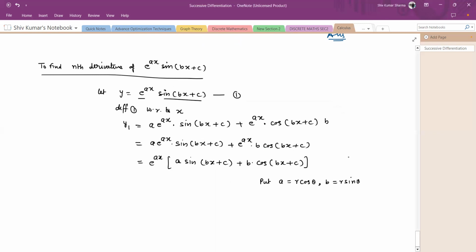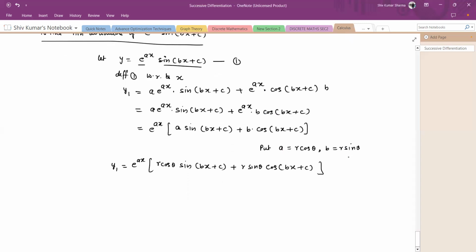We write y1 is equal to, we use this substitution inside the bracket. That means in place of a we write r cos theta into sine(bx + c), and for b we write r sin theta into cos(bx + c).